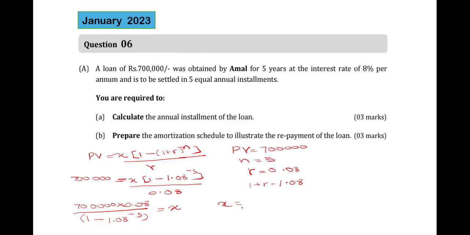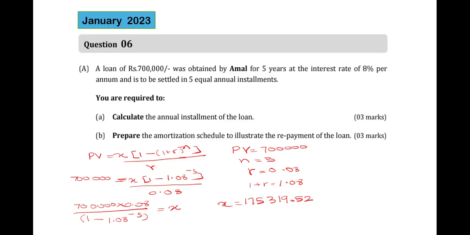700,000 multiplied by 0.08. Then divide, open bracket, 1 subtract 1.08 to the power minus 5, close the bracket, equals 175,319.52.